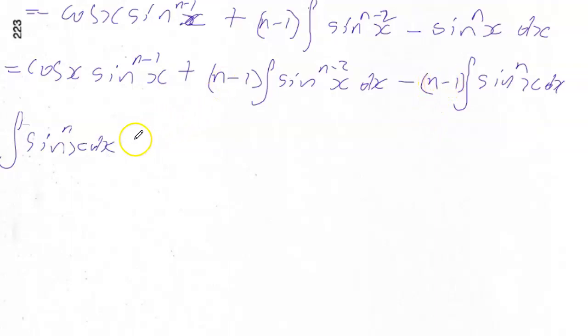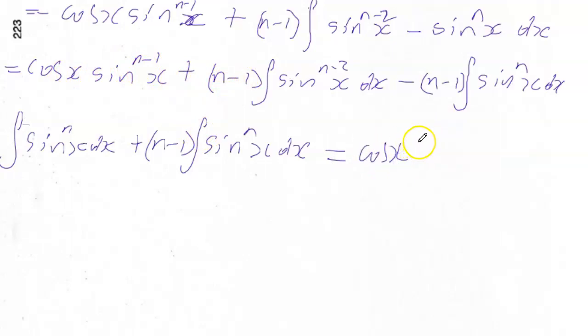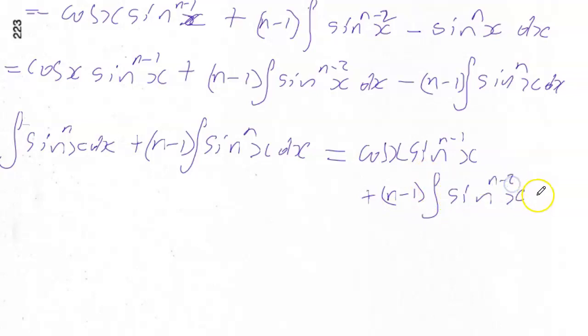We end up with positive n minus 1 times the integral of sine x to the power n dx, equal to, and let's restate what we have on the right hand side, minus cos x times sine x to the power n minus 1 plus n minus 1 times the integral of sine x to the power n minus 2 dx.